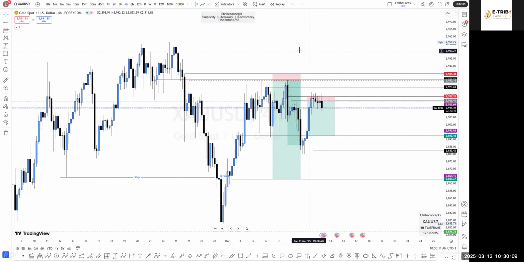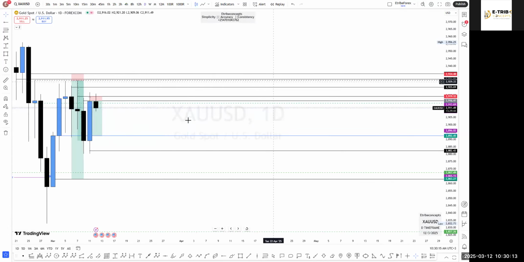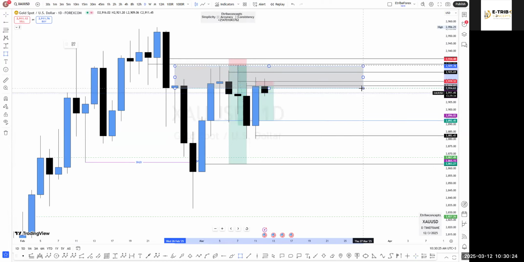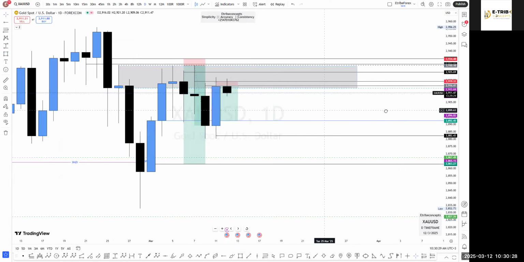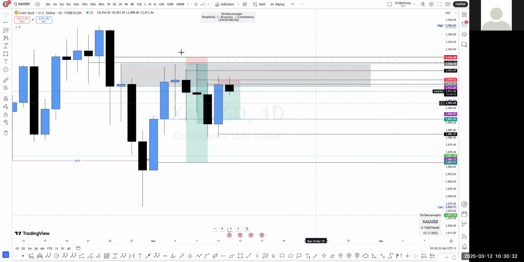Now, if you look, we have still been on the daily area of liquidity, which was a formation. I'm talking about this particular price level.